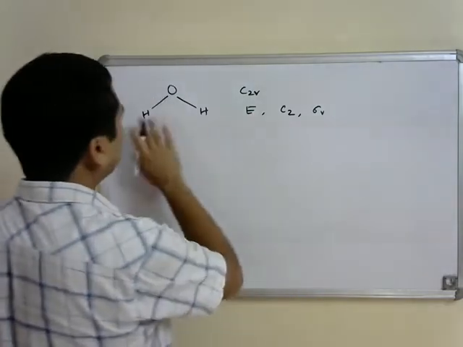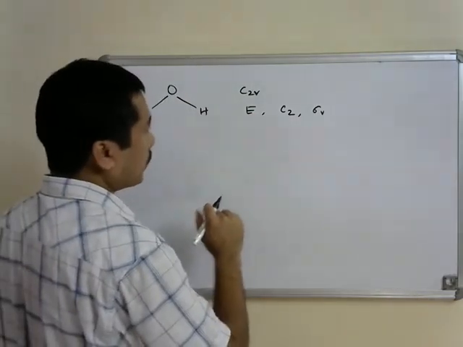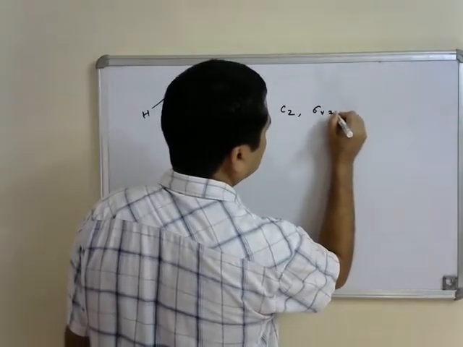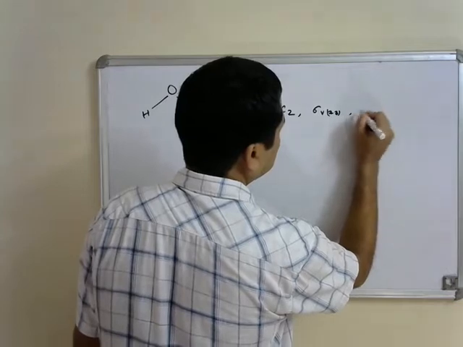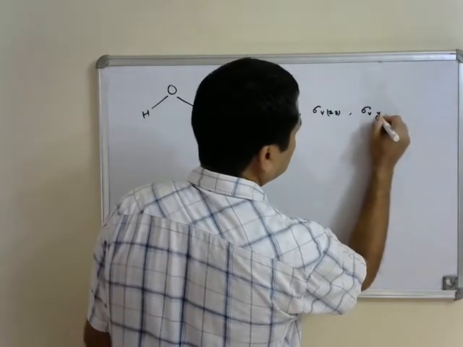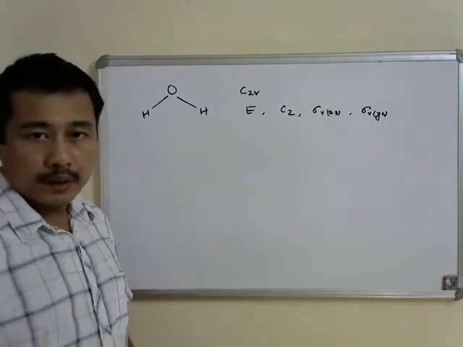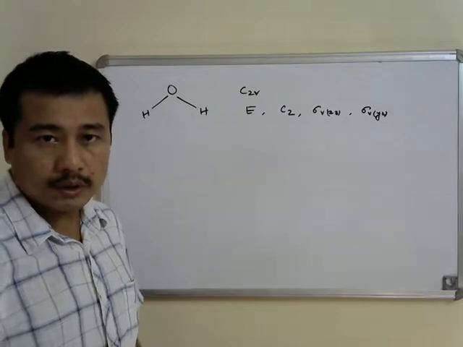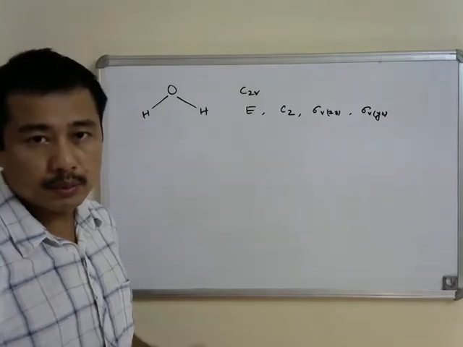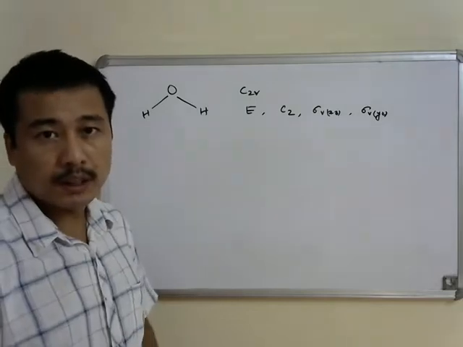So let's call the one which contains all atoms of the water molecule sigma v xz, and the other sigma v as sigma v yz. Now what we will do, we will take p orbitals on the oxygen atom as the basis to write matrix representation for different symmetry operations in the water molecule.